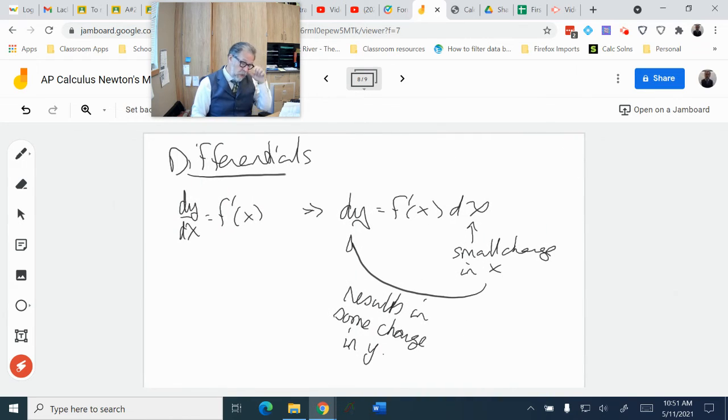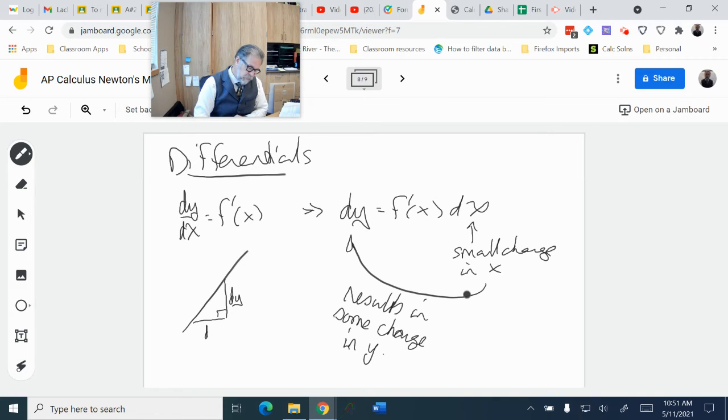What else did we do? Differentials. Again, differentials is a linearization. If we say that dy/dx is equal to f prime of x, we said that we could linearize this as y equals the slope times x.